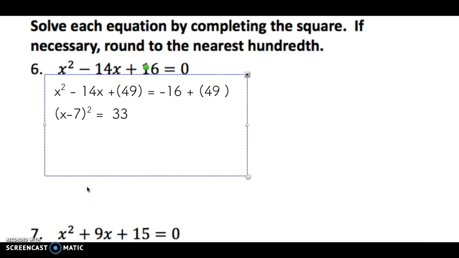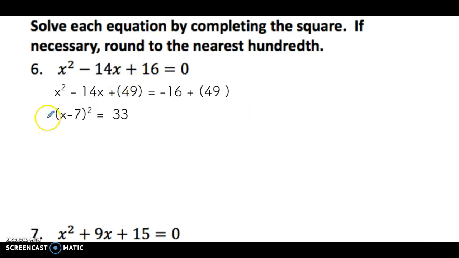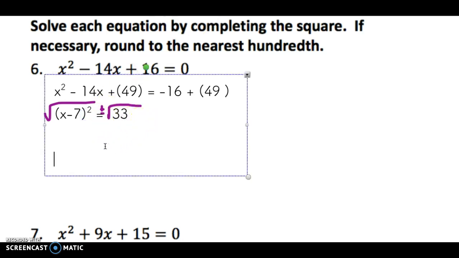Now I take the square root of each side. Remember, I voluntarily took the square root of this side, so I have to make sure it's plus or minus. So now I have x minus 7 is equal to plus or minus the square root of 33.